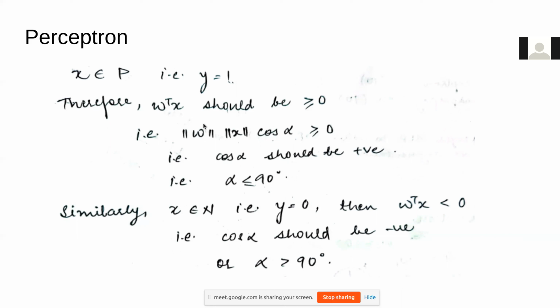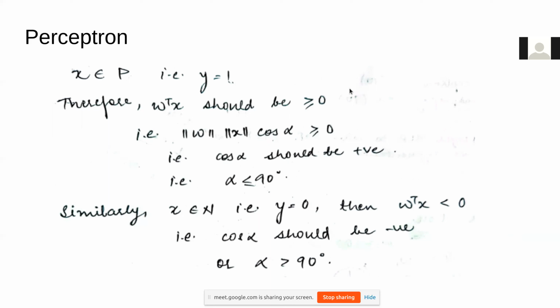Now, norm of W and norm of X will always be positive. This is the definition of the vector norms, right? So the sign of this quantity depends on cos alpha. For this to be positive, cos alpha has to be positive, which means alpha has to be less than or equal to 90 degrees.